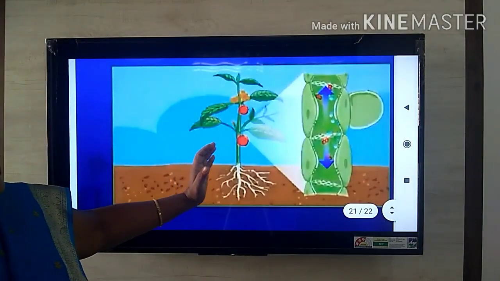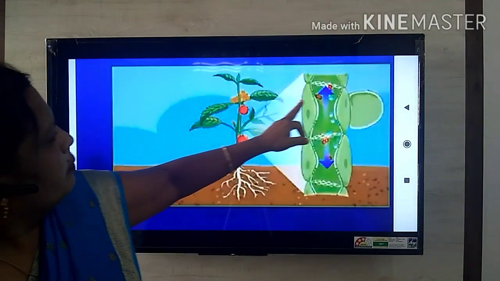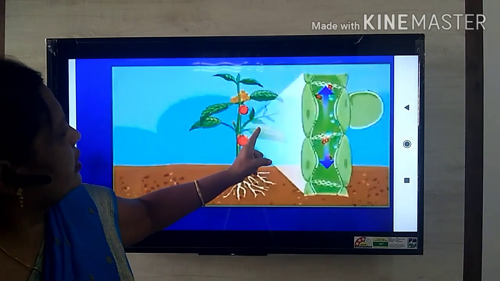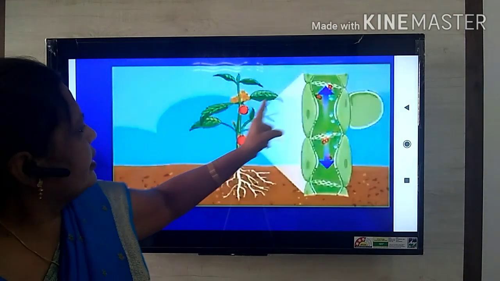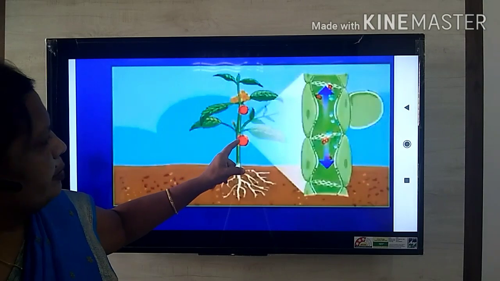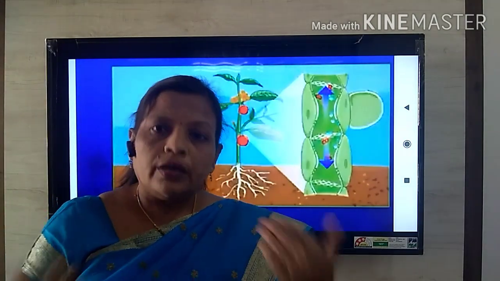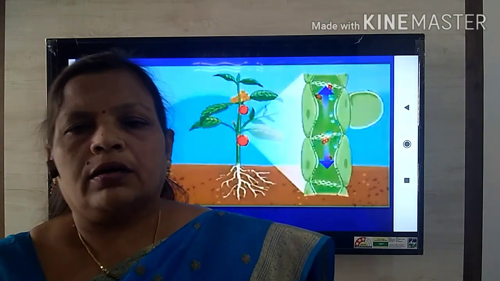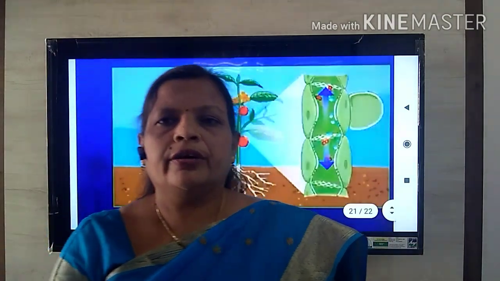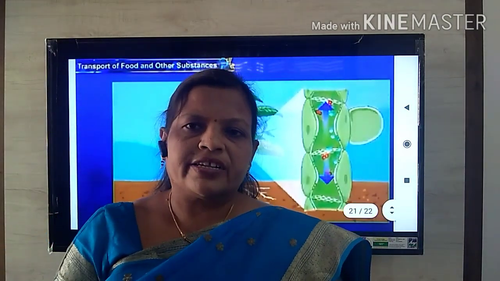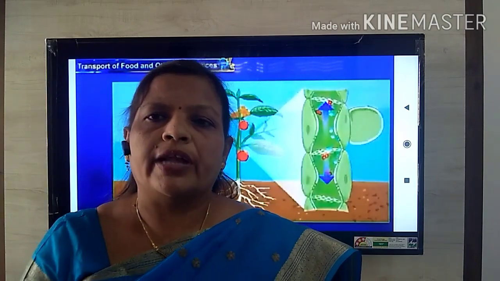Now in this slide, the food material present in the leaf may be transported to the leaf base, or to the fruit, and then again it is converted into starch or any other food material, and this translocation takes place in both directions.